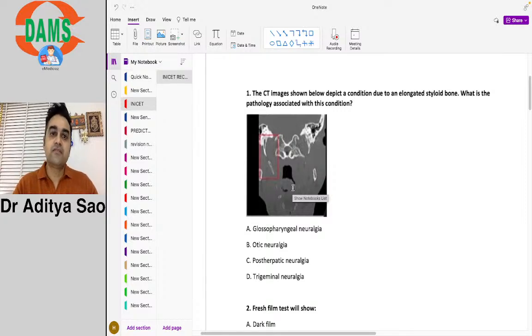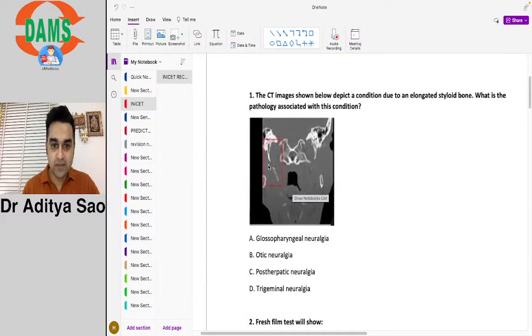First, you will have some disturbance, some pain during swallowing, deglutition. And then during the movement of your neck, there's going to be pain, there's going to be headaches. These are the things that are associated with an elongated styloid bone.